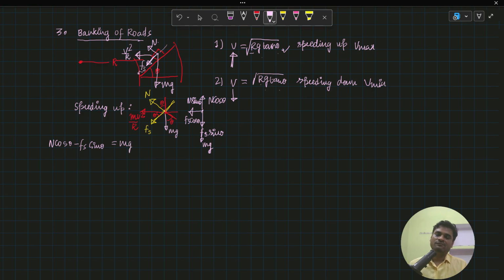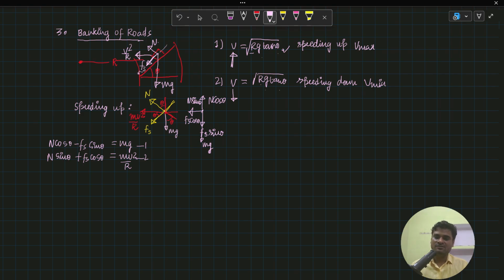And for this horizontal axis, it should be n sin theta plus fs cos theta, and this should be equal to mv square by r. This is equation 1, this is equation 2, and from these equations we have to find out velocity v.